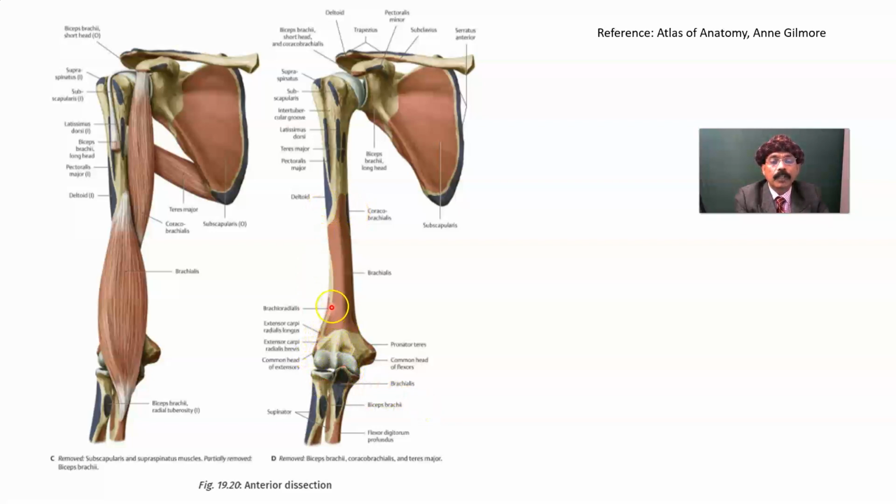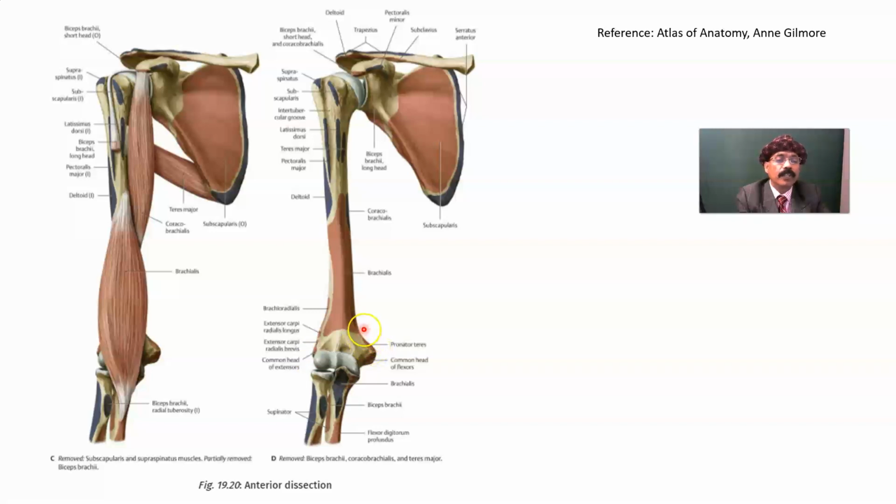Okay, we got that. Here is the lateral supracondylar ridge for the origin of brachioradialis, extensor carpi radialis longus, and extensor carpi radialis brevis, and the common superficial extensor origin. Here is the common superficial flexor origin, and the origin for the humeral head of the pronator teres.